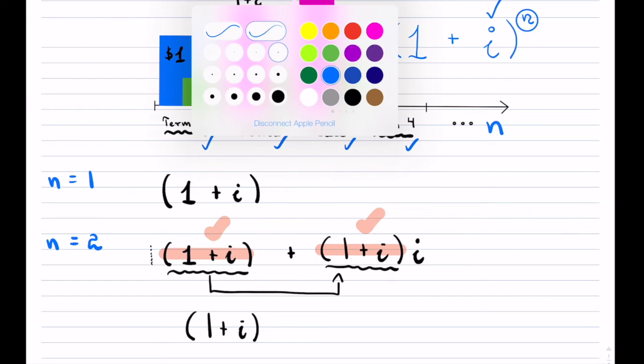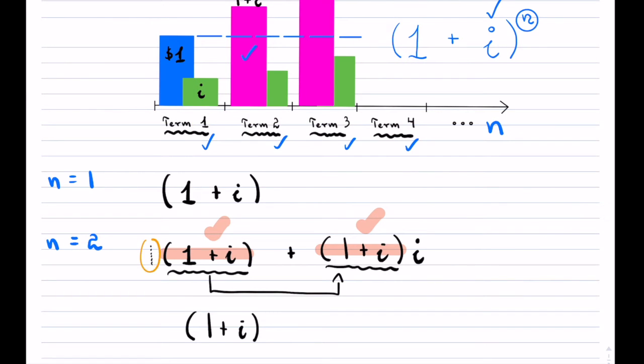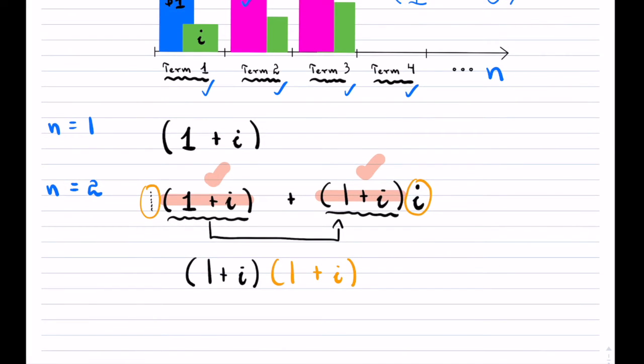I have this 1 left over plus this I left over. And notice what has happened: you have 1 plus I multiplied by 1 plus I, which is nothing else but 1 plus I to the 2, and that is at the end of term 2.